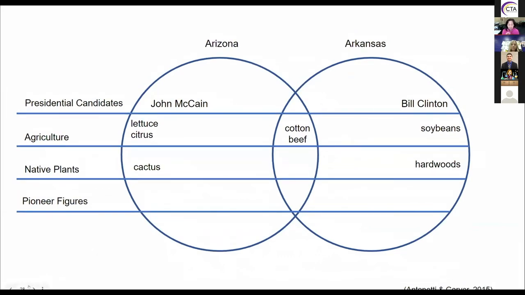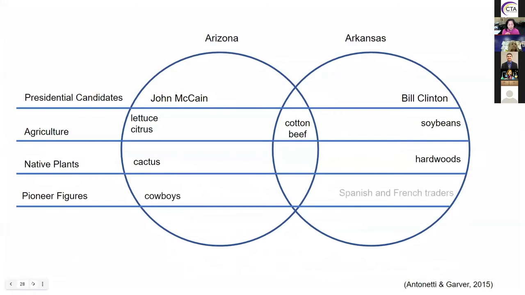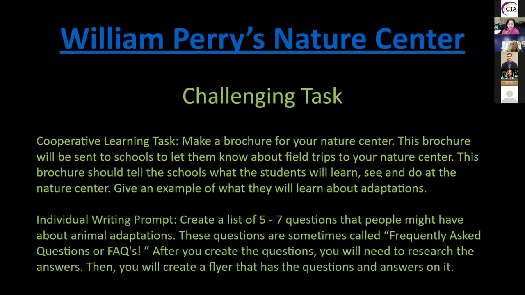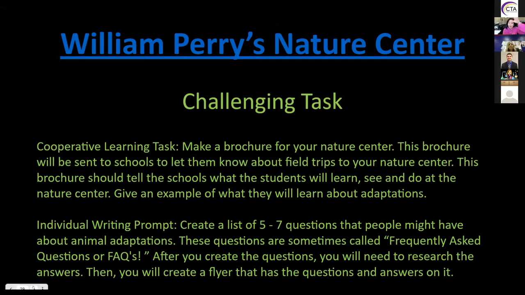Click, please. The next thing we're going to talk about is also some examples of challenging tasks. This again is the task we saw on the quadrant plane, on the complexity, in which you moved up the levels of difficulty. One was making a brochure about going to a zoo and finding an adaptation.